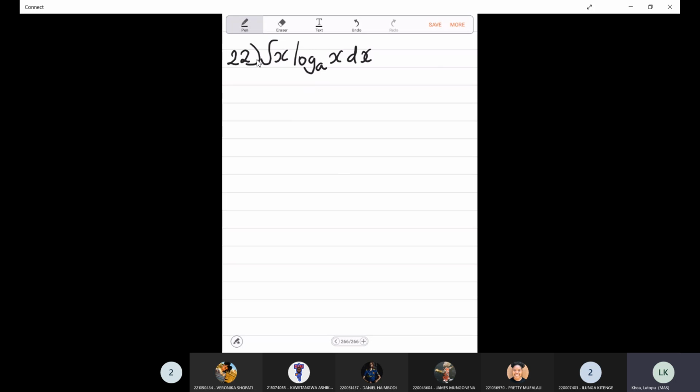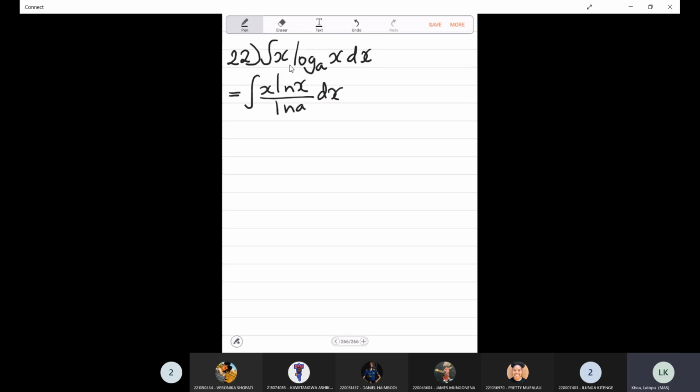So integrating x log base a of x is the same as integrating x ln of x over ln of a dx. Okay, so now this we can take out, and then you just need to pick your u and dv. Normally we would pick the polynomial as our u, and then whatever it's multiplying by will be our dv.